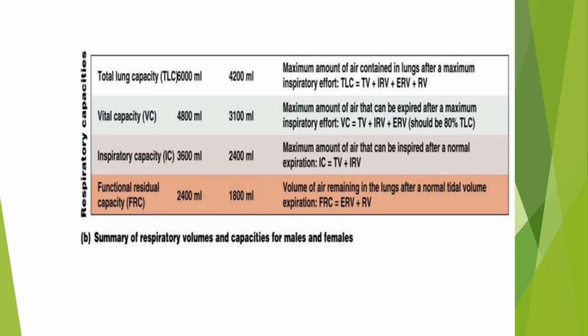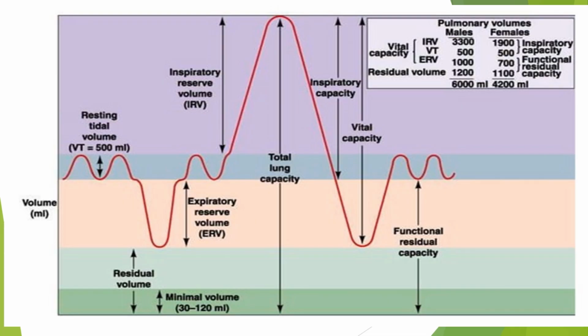Inspiratory capacity is 3600 ml for males and 2400 ml for females. Functional residual capacity is 2400 ml for males and 1800 ml for females. So this was a graph that shows all the lung volumes and capacities.